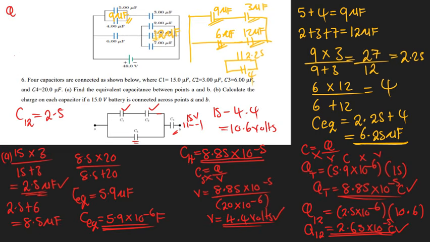So our charge for Q3 is going to equal, what is the capacitor? Capacitor at 3, it's 6.0 multiplied by 10 to the power negative 6. And then what is the voltage? Of course, the same, 10.6.